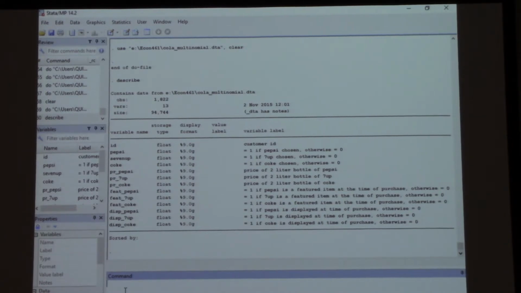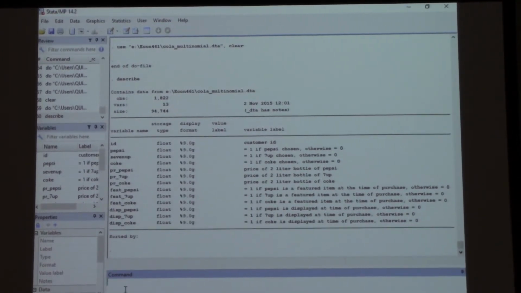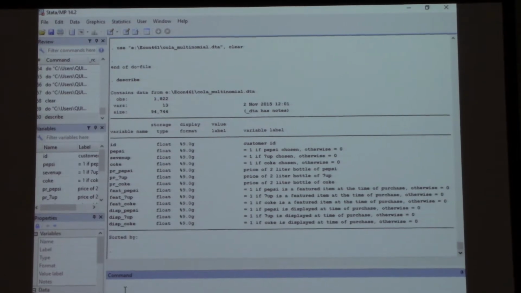So if you bought Pepsi, we know what the price of 7-Up and Coke is. If you bought 7-Up, we know what the price of Pepsi and Coke were at those stores. So we've got these three brands of soda. We've got the prices of those three brands, and we've got the promotional activities of those three brands in terms of the features and displays.